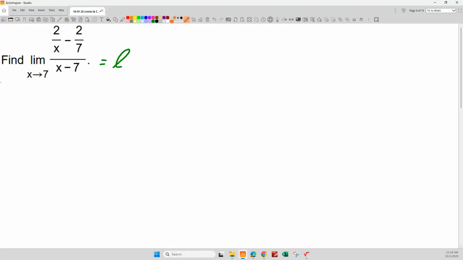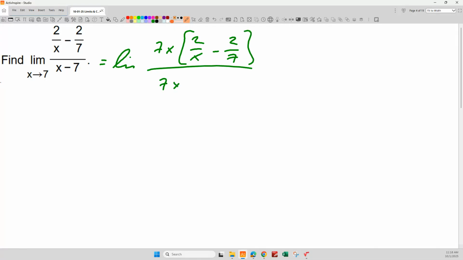Let's rewrite this. Okay, so what do I do on the top? Yeah, when I distribute to the first term, x is canceled, and I just get 14, right?